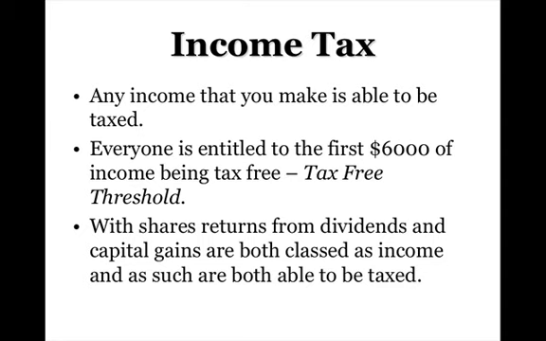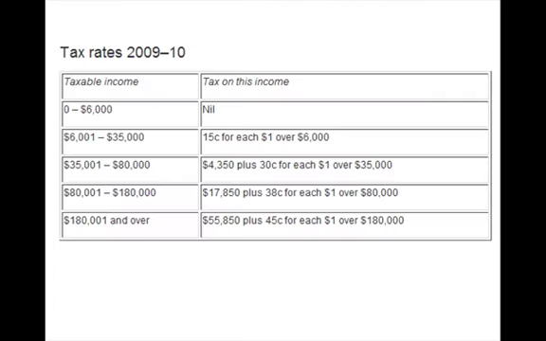With shares, in terms of getting a return on dividends and also making a capital gain, they are both classified as income. Therefore, they're subject to income tax. There's a table that works like a sliding scale, and you pay tax as you move up this chart.